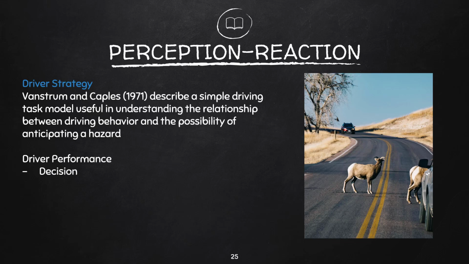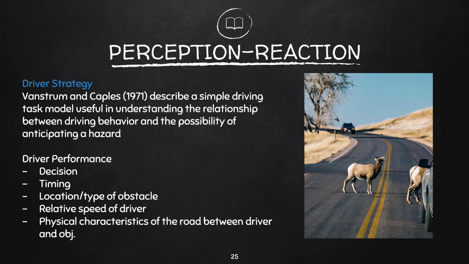Driver performance is composed of decision, timing, location or type of obstacle, the relative speed of the driver, and also the physical characteristics of the road between the driver and the object.